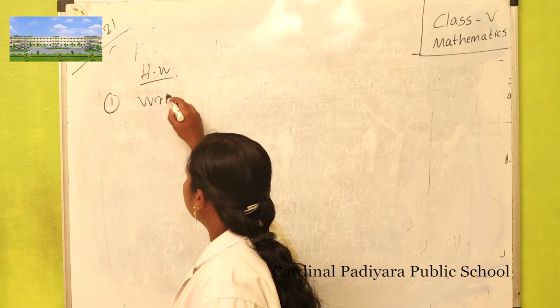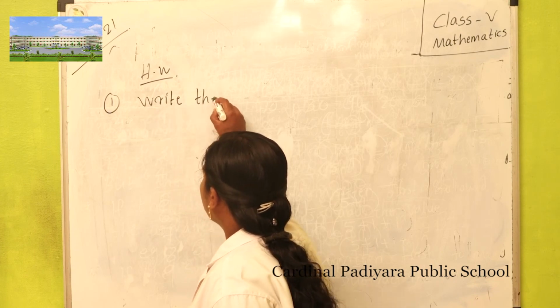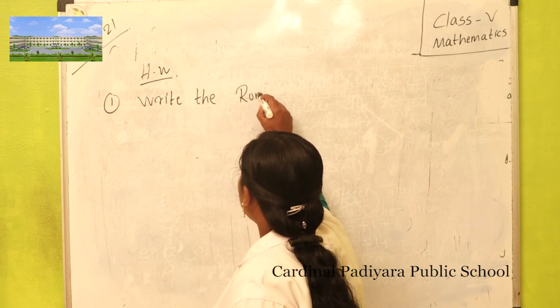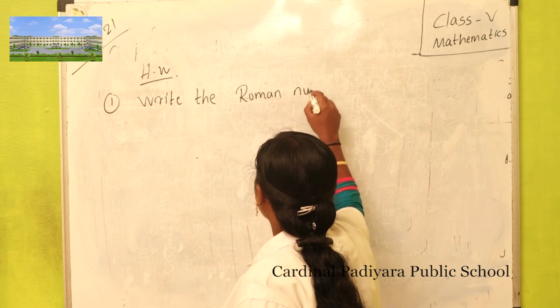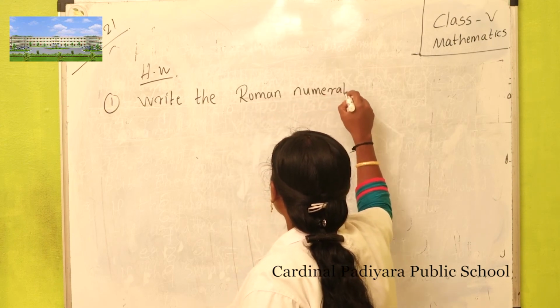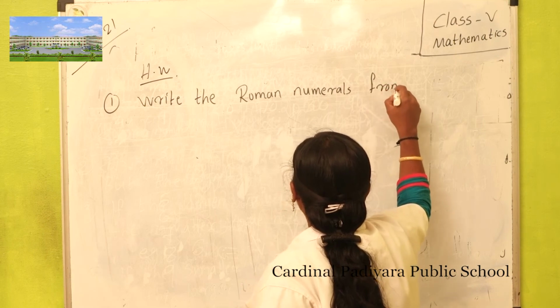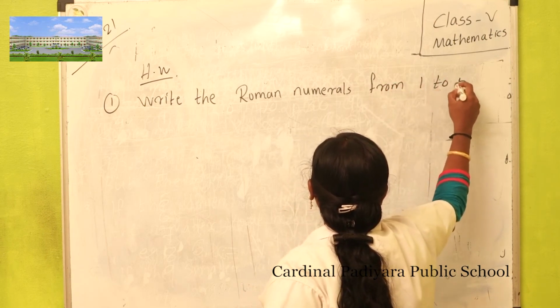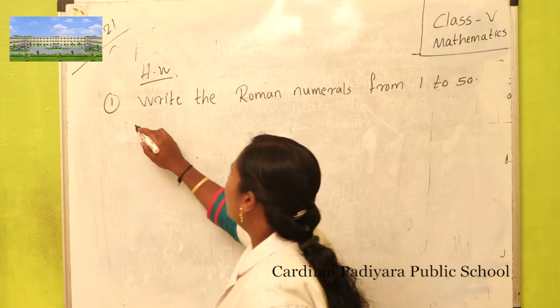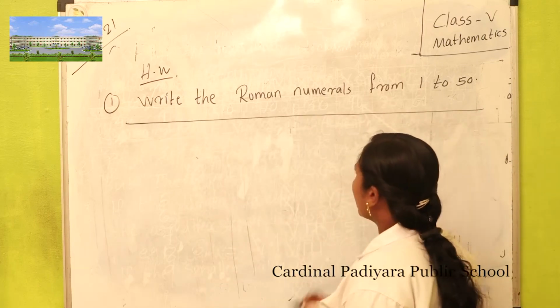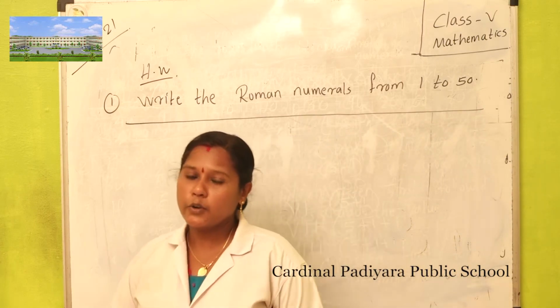Write the Roman numerals from 1 to 50. You should do it yourself. Write the Roman numerals from 1 to 50.